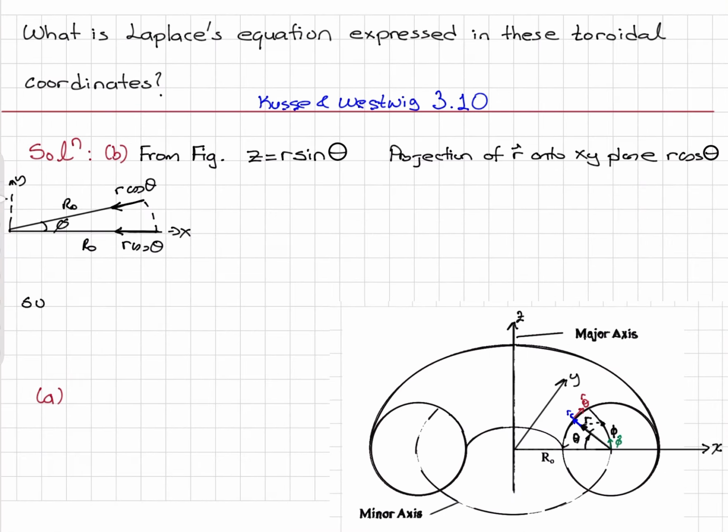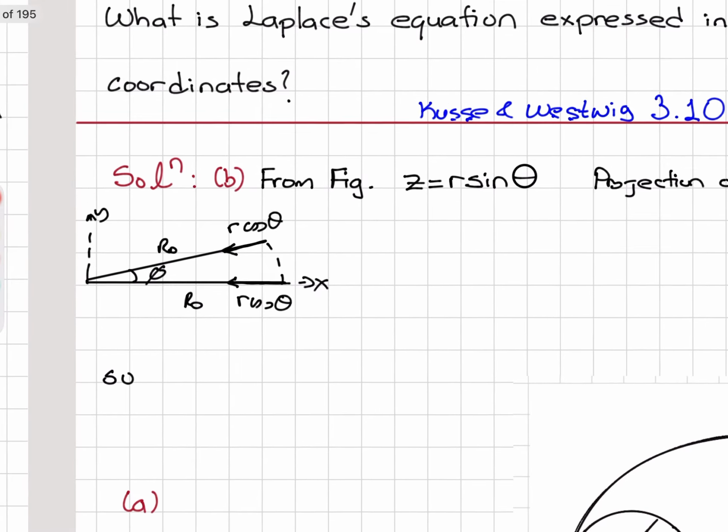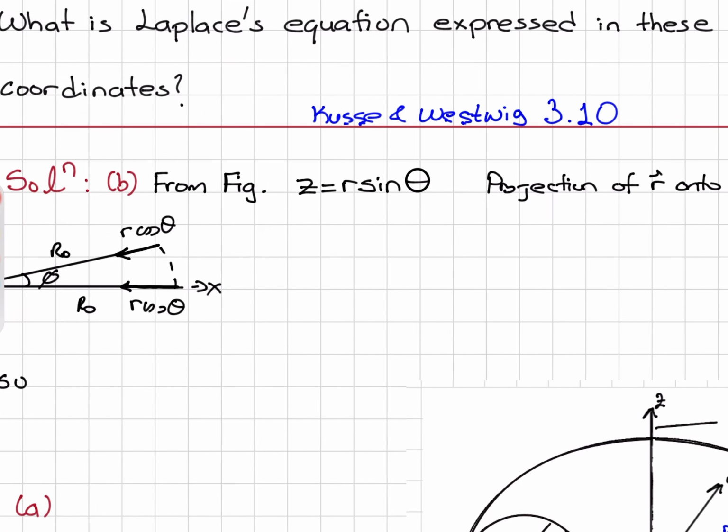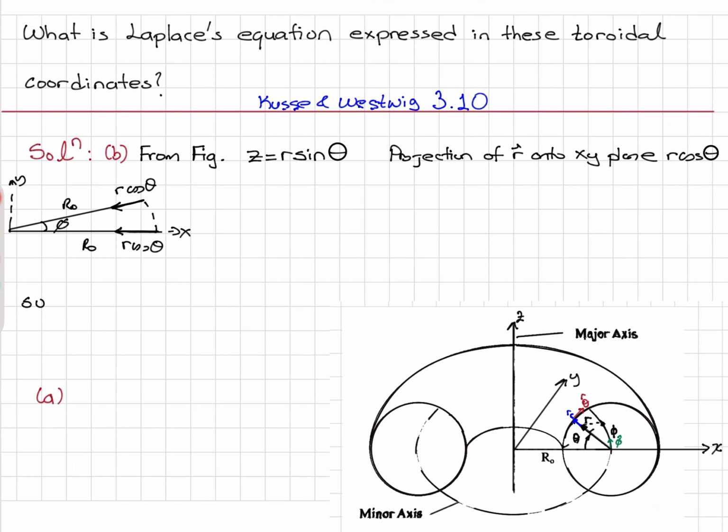And once I take the projection onto the xy plane, now I'm looking at the x-axis where I have r0, the radius, and then I have this projection. So this is my r0, the radius of the minor axis, the circle. And then I have this projection r cosine theta. So r0 minus r cosine theta is going to give me a radial distance with respect to the origin, but then I have to take the projection onto the x-axis because the angular position is given by phi.